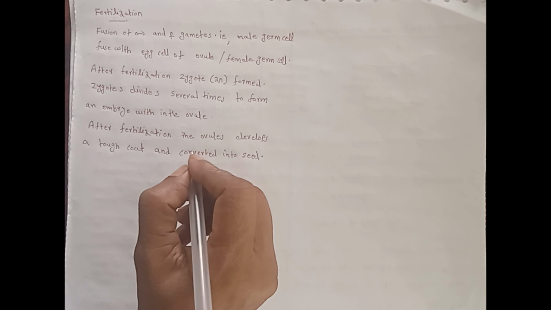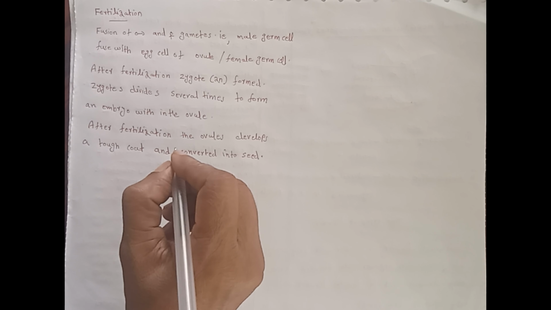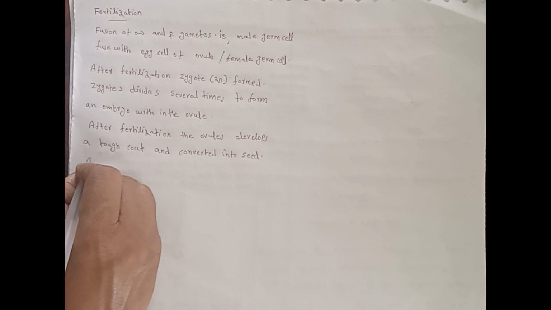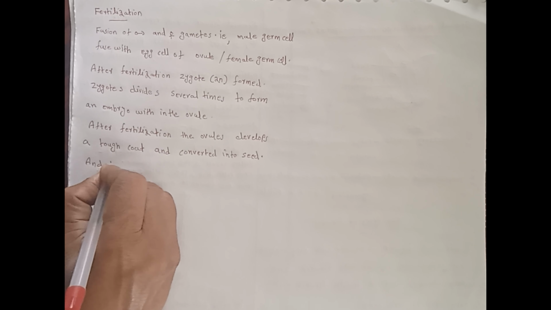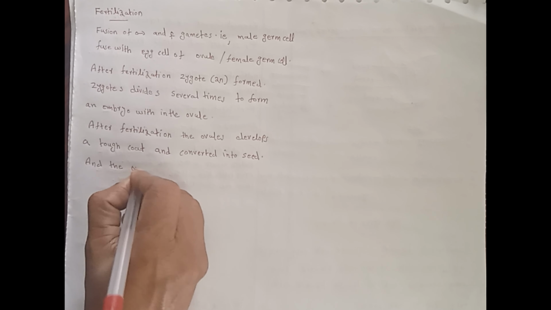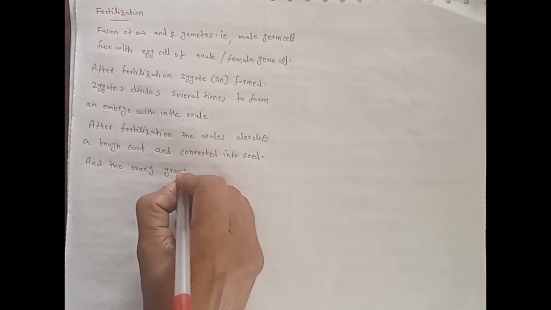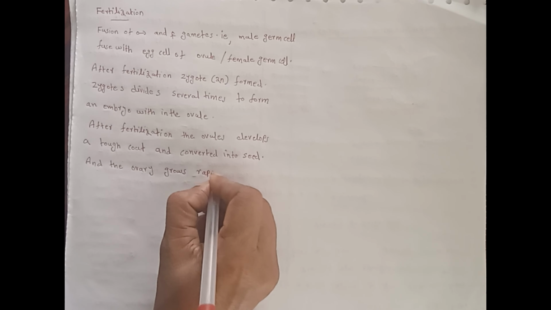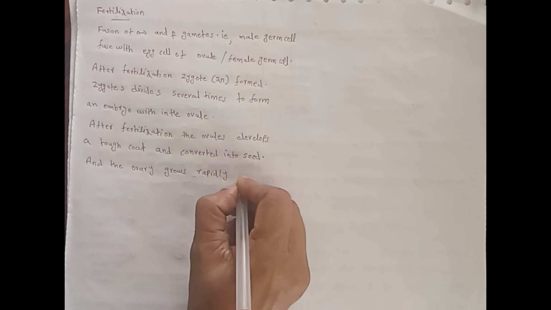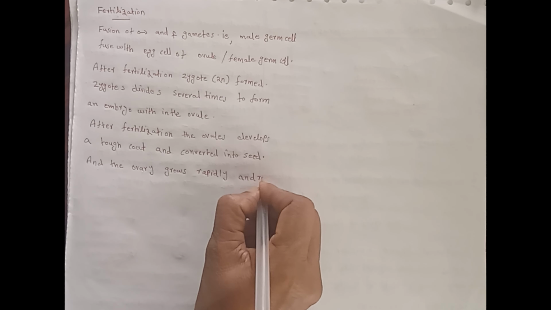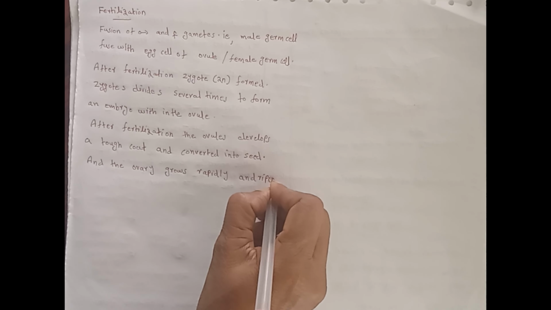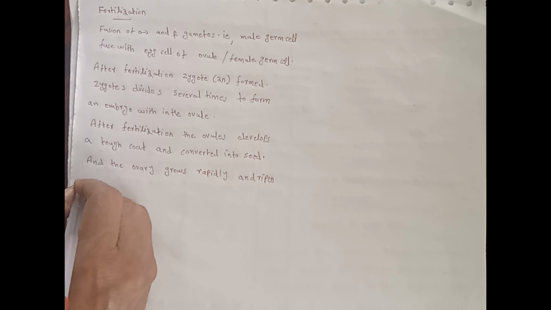The ovary grows rapidly and ripens to form a fruit.